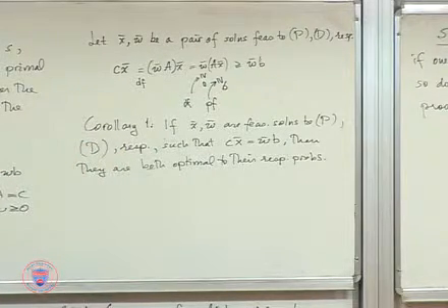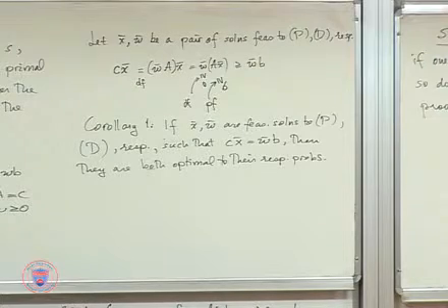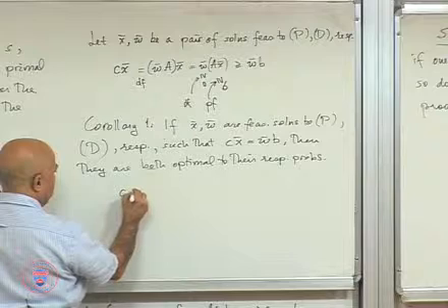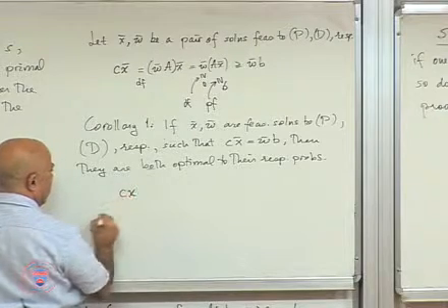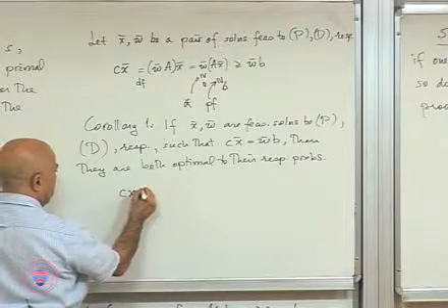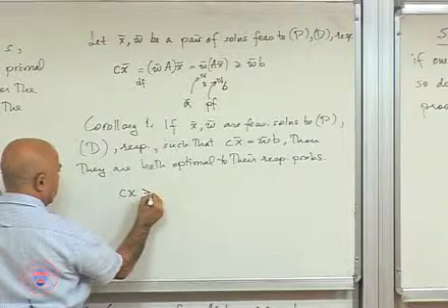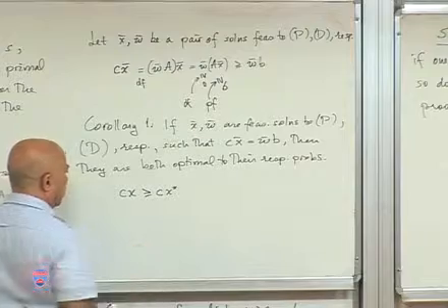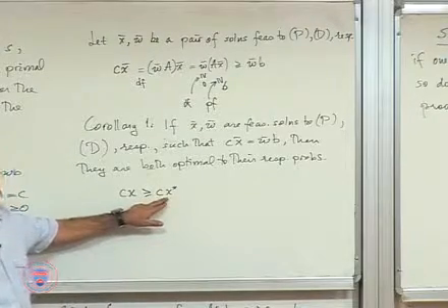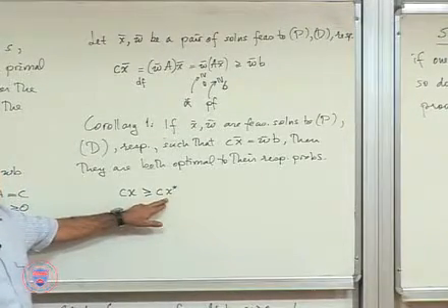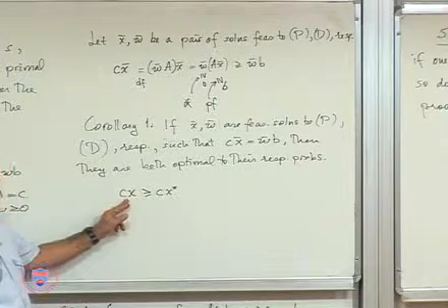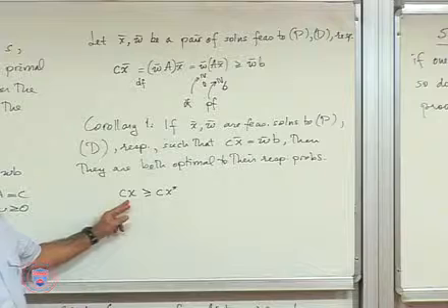Well, this is immediate from the fact that optimality means, for example, if x star is an optimal solution, then its objective value for a minimization type primal problem is always less than or equal to the objective value of any feasible solution.